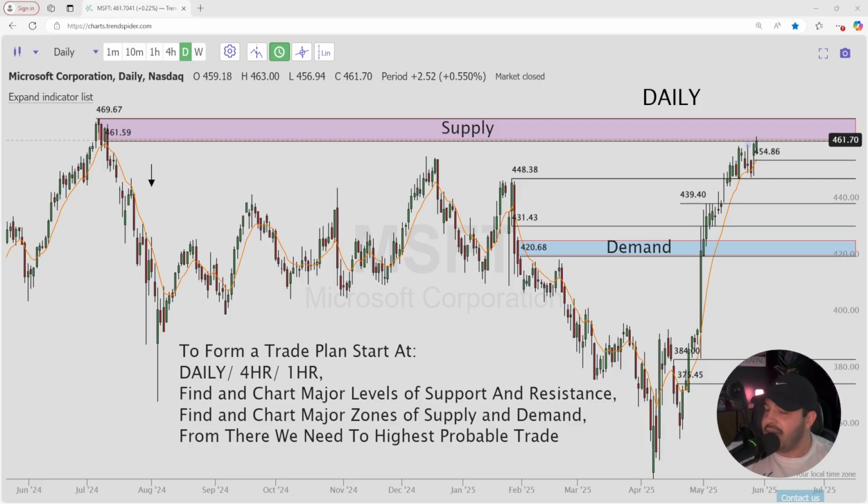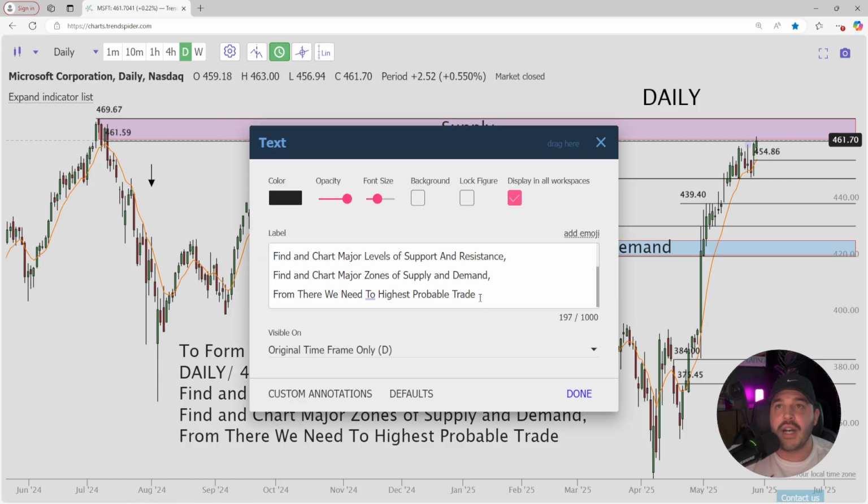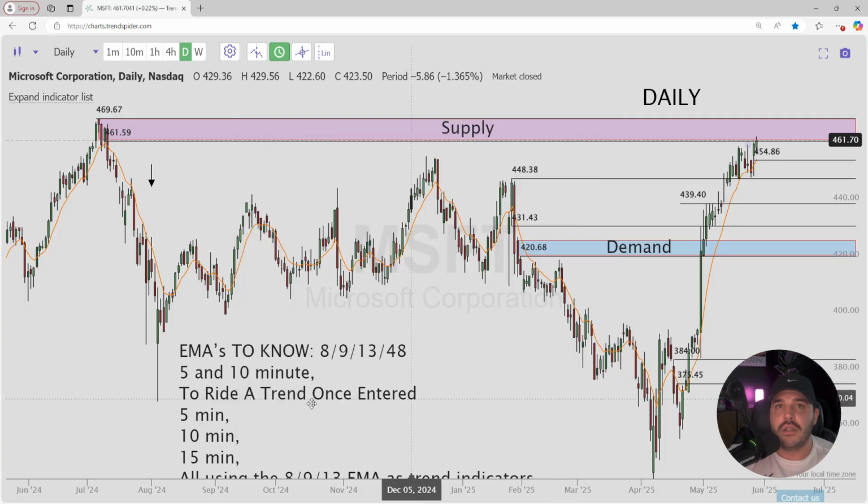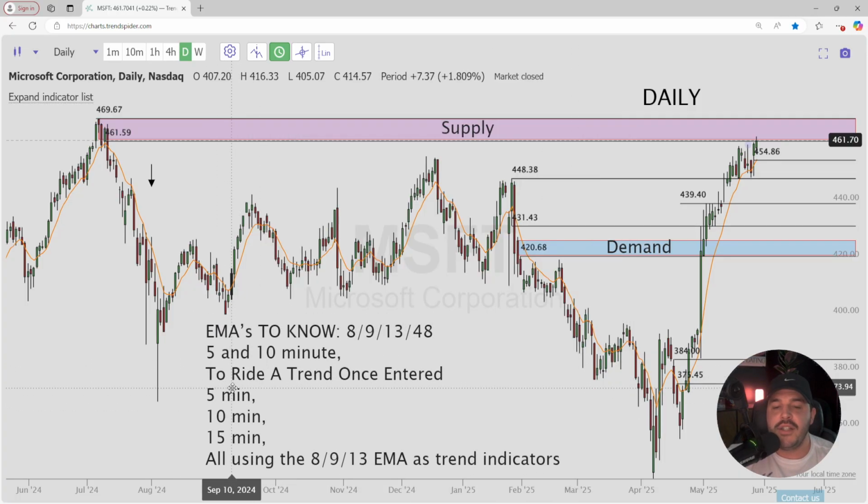And again, we saw over 100% here today with the team. Let me grab some EMAs, because you'll be using EMAs now for this easy setup that I'm showing you guys. EMAs to know: the 8 or the 9, the 13 and the 48, and you can even add the 21 if you like. For those that know the 8/9/21 cross, I personally like to use the 13/48 cross.